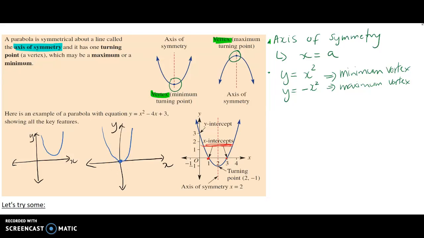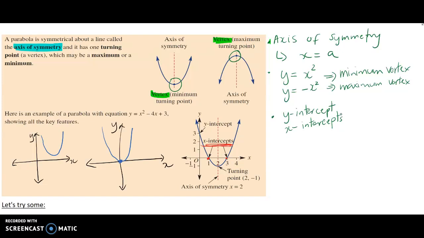Now, obviously, this is demonstrated in the equation as well, but again, we don't need to worry about that too much now. For now you need to know that they will have a y-intercept and they will have x-intercepts. So those are just identifying those things.